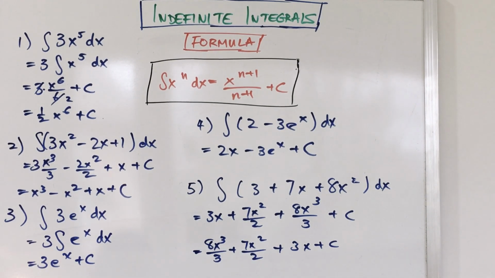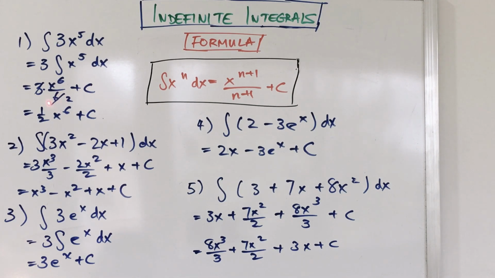So if we integrate this part here, we have x to the 6 over 6 plus c, and what happened here is we just applied this formula here. We had x to the 5, the n would be the 5, is equal to x to the 5 plus 1 over 5 plus 1 plus c.